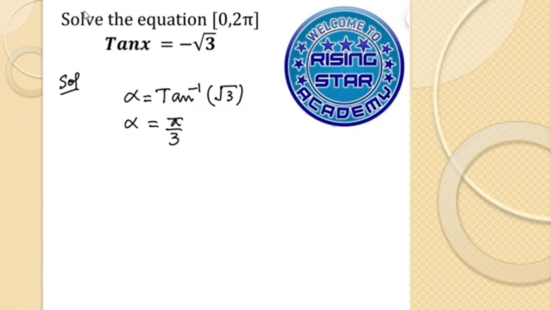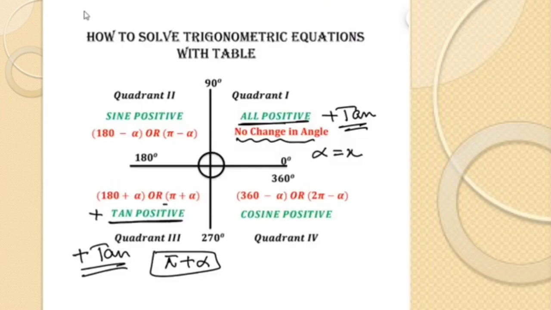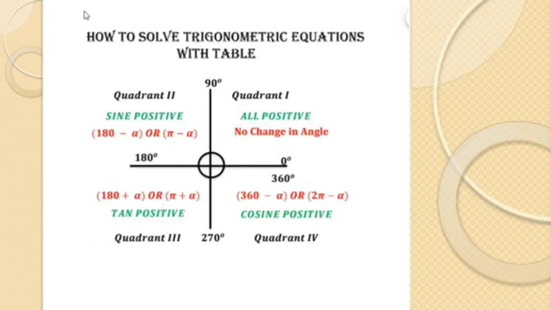So tan is negative. We'll check where tan has a negative value. You can see that tan is negative in the second quadrant, because here we have sine positive, and in the fourth quadrant where the cosine is positive.